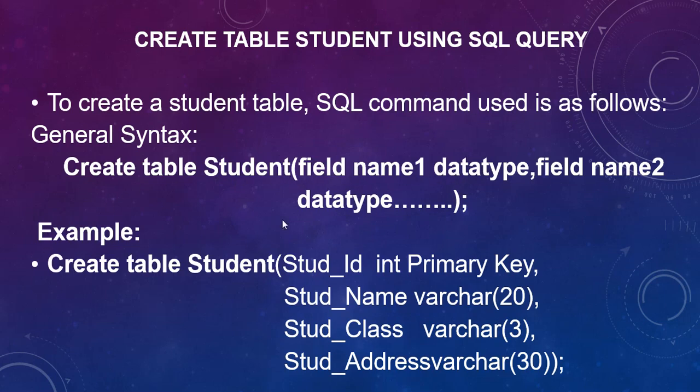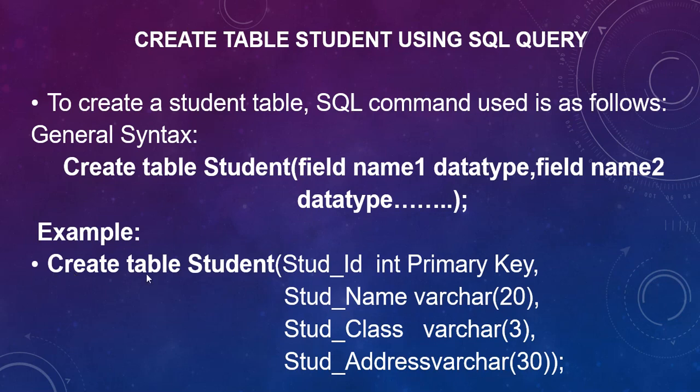Here I have given an example for creating a table named student. Create table, here is a syntax which must be the same. No mistakes will be allowed. If you make any mistake, the query will not be executed. So keep that in mind while you are typing the command. So what is the command?